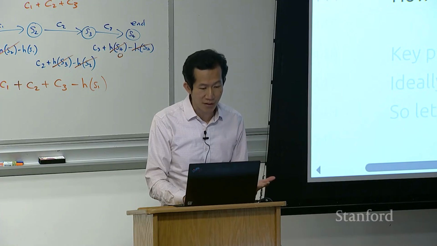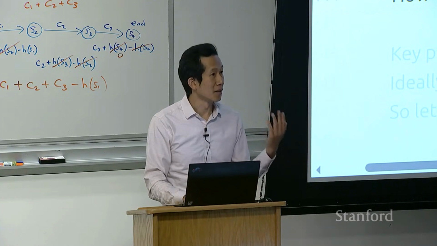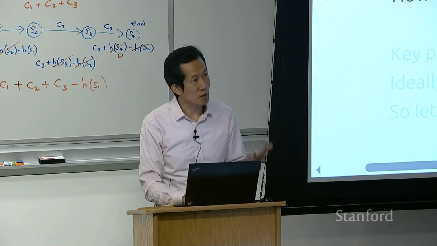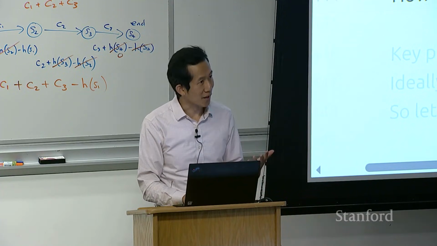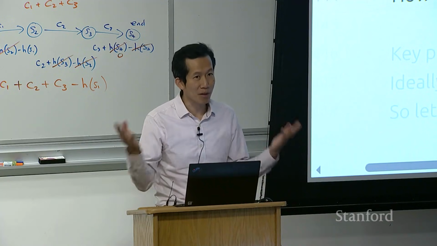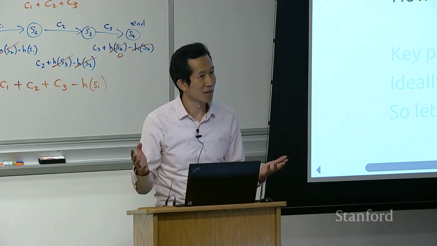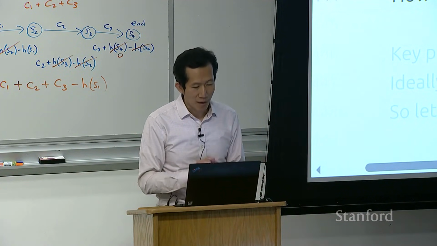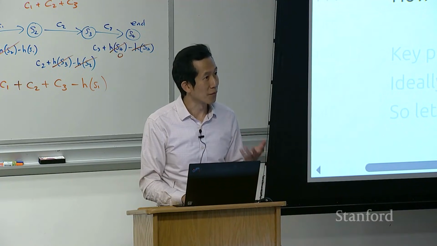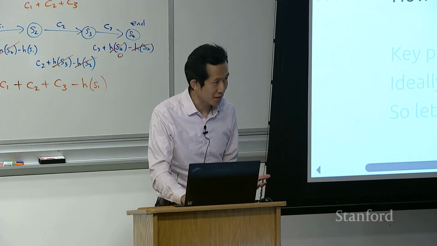We know that the heuristic has to be consistent, but that doesn't really tell you what. It's hard to check. If I just write down a heuristic, how do I know whether it's consistent or not? Okay. There turns out to be a very powerful and intuitive tool so that you're always constructing consistent heuristics.